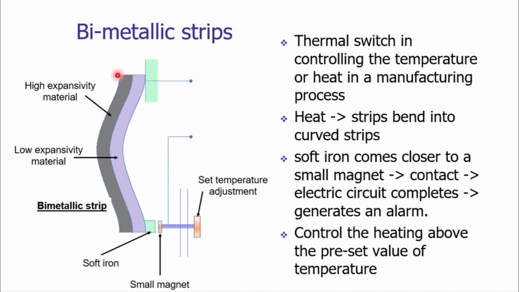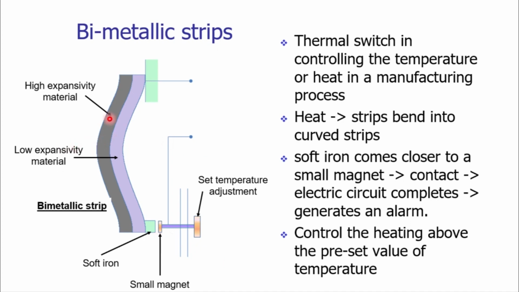One end of the bimetallic strip is fixed, the other end is free. At the other end we have a soft iron. This soft iron is in proximity to a magnet. There is a knob which will set the distance between the small magnet and the soft iron.